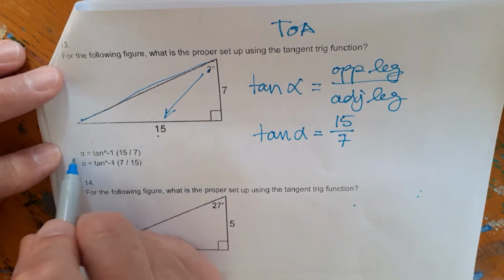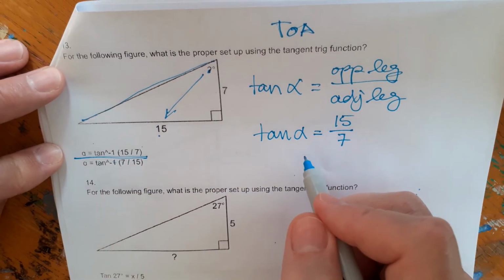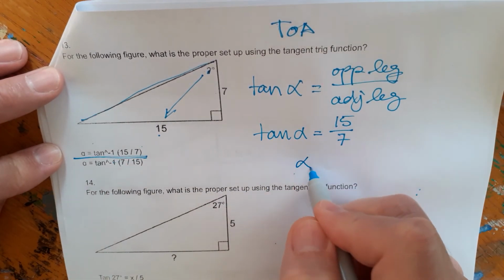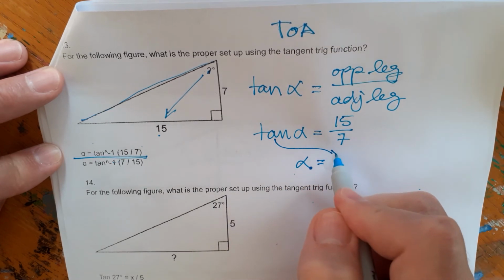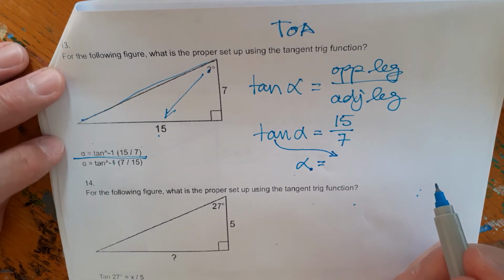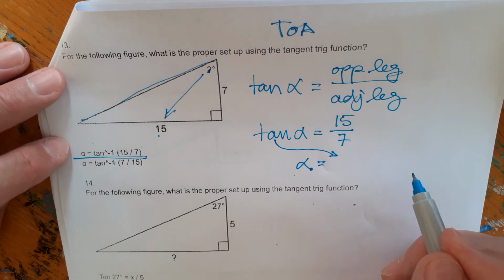This one does something interesting. They're teaching us, or at least illustrating to us, and I'm going to try to illustrate it to you here. If we don't know this angle, we can take this trig function and reverse it. Everything in math has a reverse or a backwards. We go forward with addition, we go backwards with subtraction. We go forward with multiplication, we go backward with division.